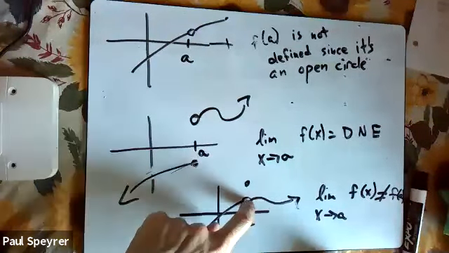What about the second one? The second one says, what about the limit as x approaches 0 of f of x? Does that exist? Well, remember, when does the limit exist?